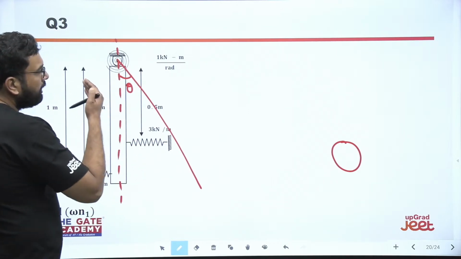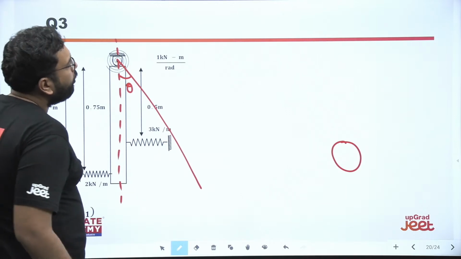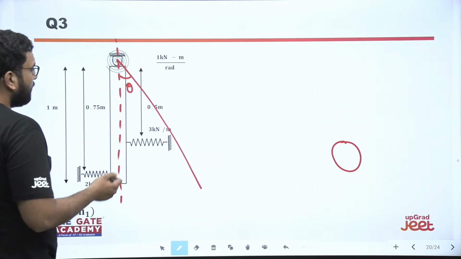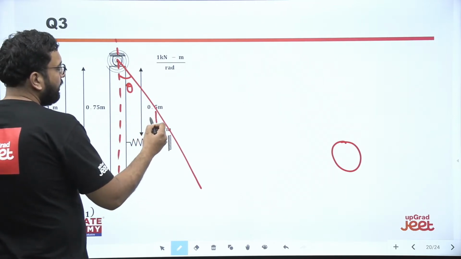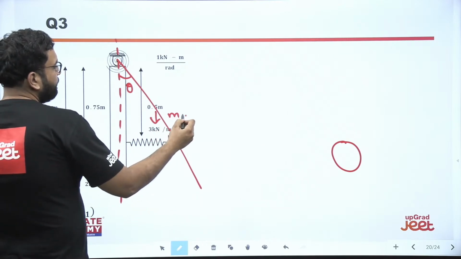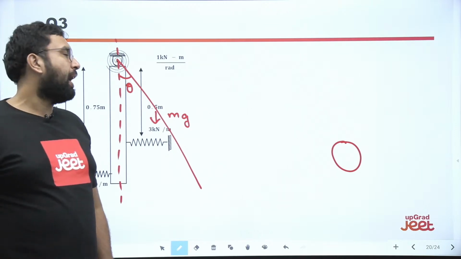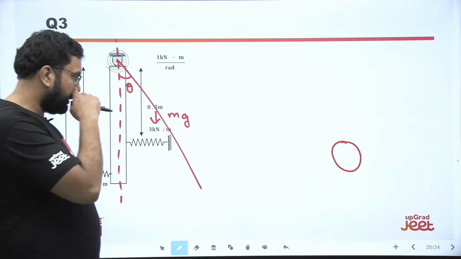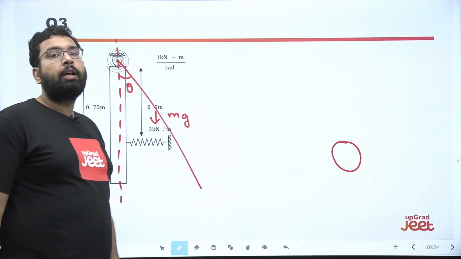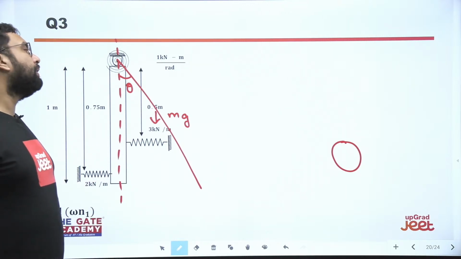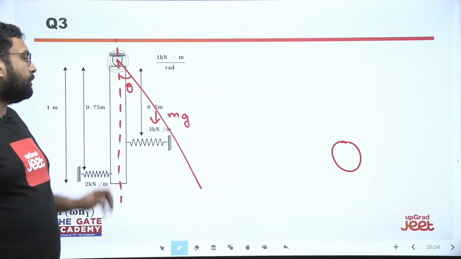So what are the forces in the picture? We have an mg here. The rod's mass is uniformly distributed, as I said, so its mass center coincides with the geometrical center. So this is going to be mg.